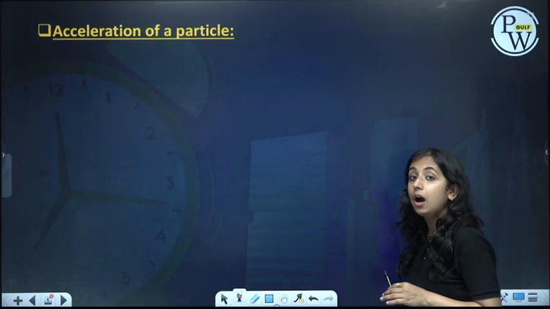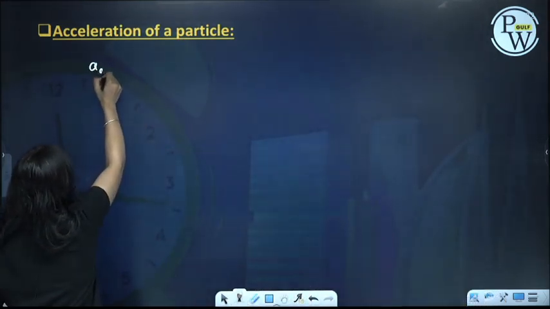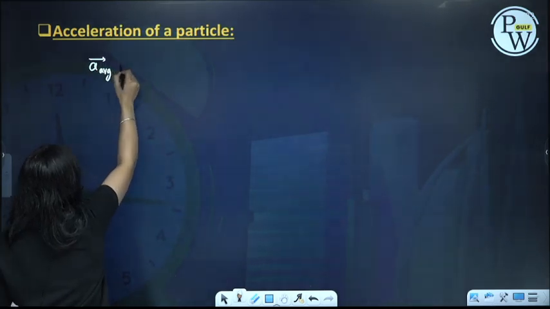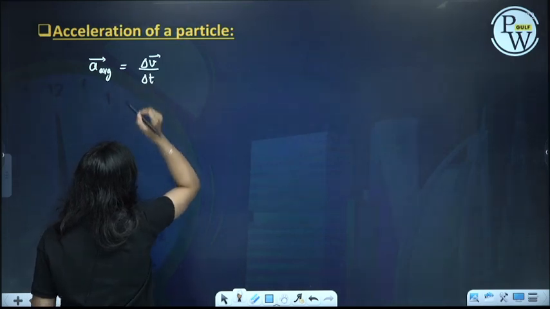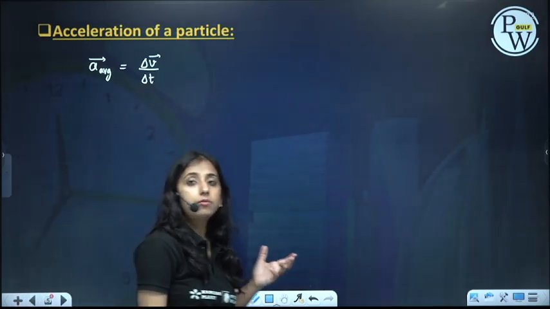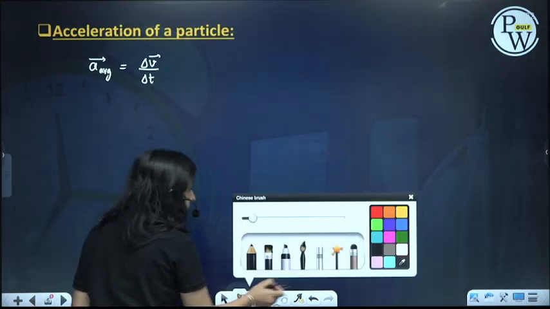Now let's see how we define acceleration. If I have to write average acceleration, this will be equal to total change in velocity by total time. So it will be delta v vector, change in velocity, by change in time.